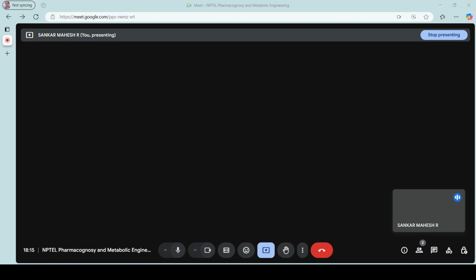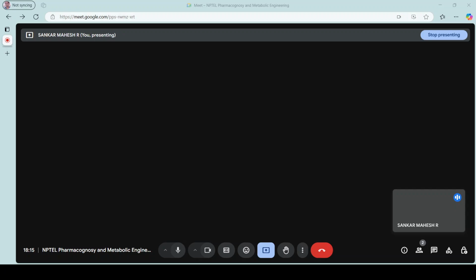The next is CoASH, ATP and MgCl2, and then we have the cell extract. And finally, we have CoASH, ATP, MgCl2, NAD, and then the cell extract.